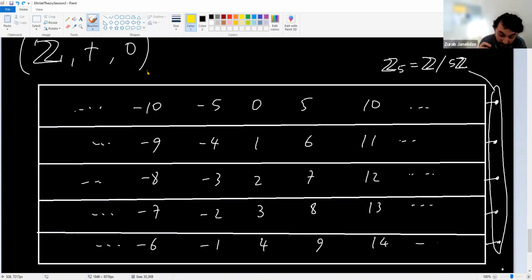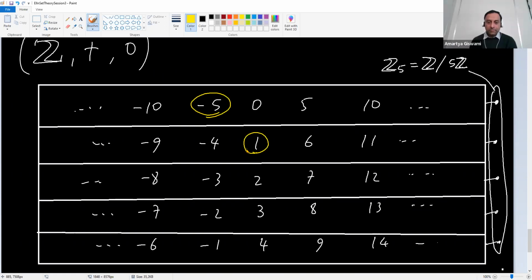But to ensure that addition transfers to this partition, we need to make sure of something. Let's say I add minus 5 with 1. Minus 5 plus 1 is minus 4. Maybe I want to make a different example to make it more illustrative.